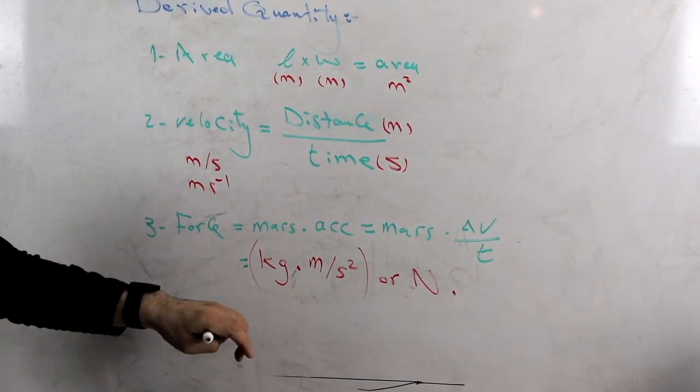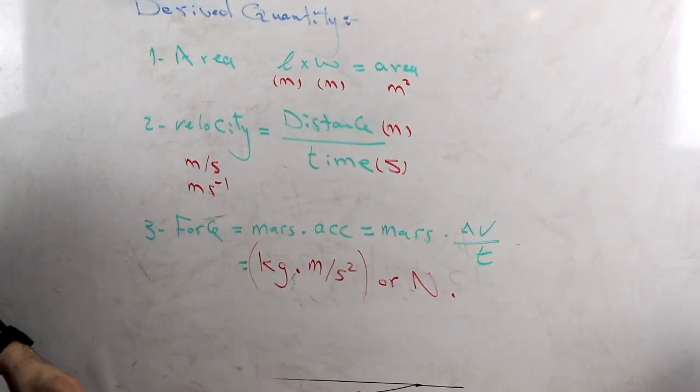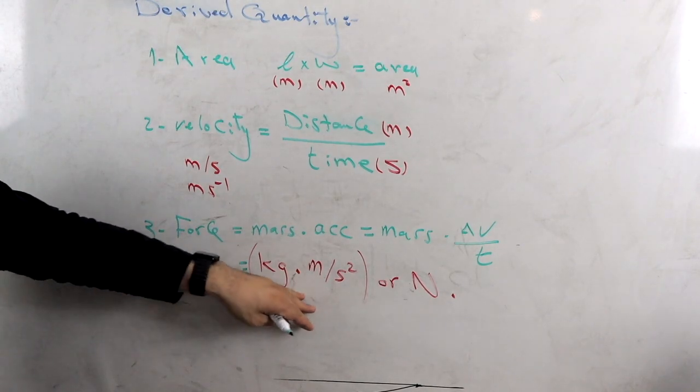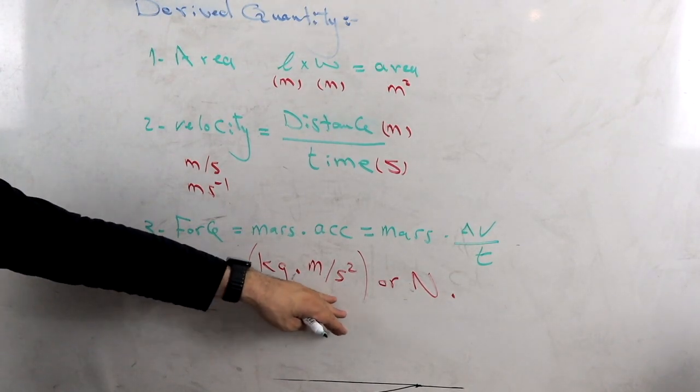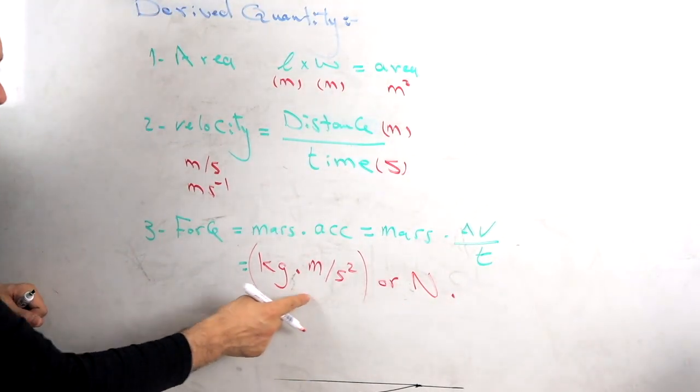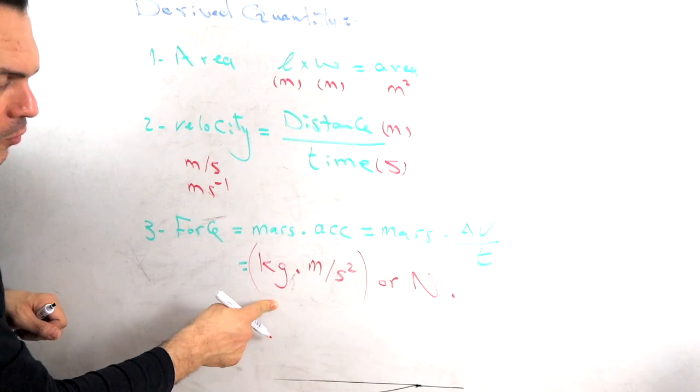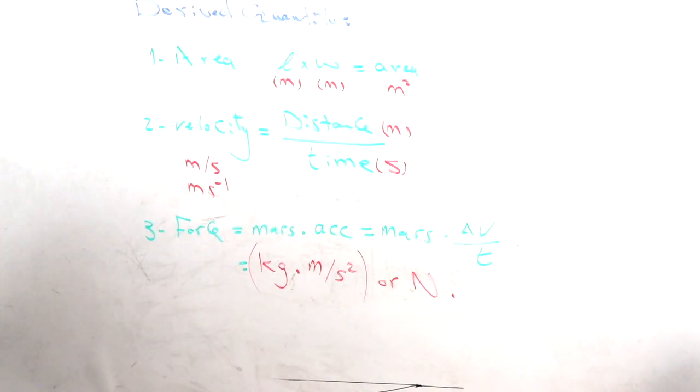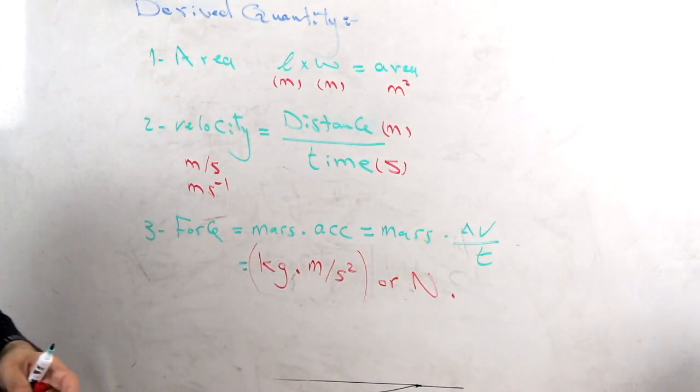Right? So this is the idea of the derived quantity, versus the base quantity. Here we have the unit of force, and this is the base unit of force, kilogram meter per second squared. But that means Newton.